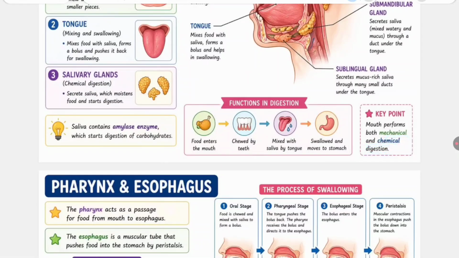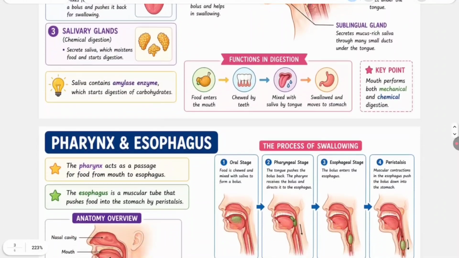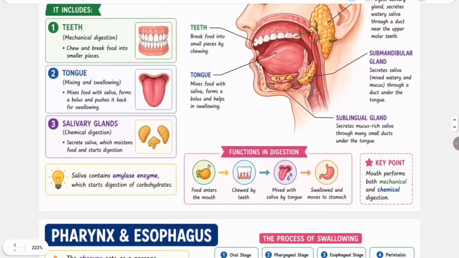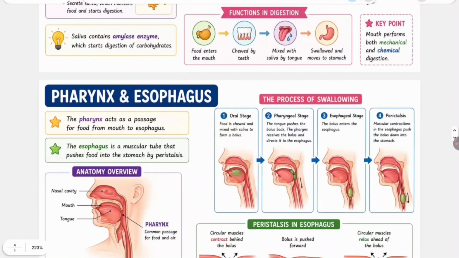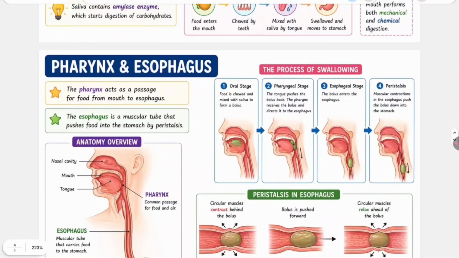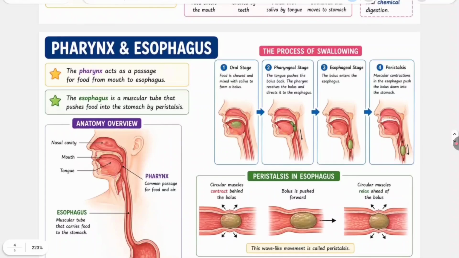Saliva contains the amylase enzyme, which starts the digestion of carbohydrates. Now everyone has understood the mouth. These are very easy, that's why I am not taking much time. Next we will go to the pharynx and esophagus.